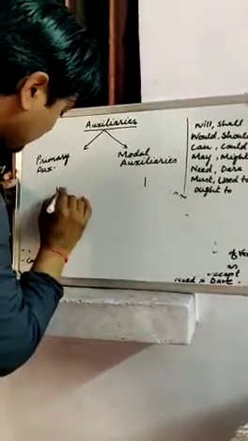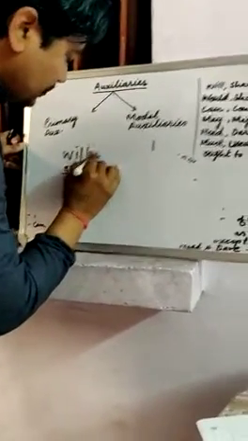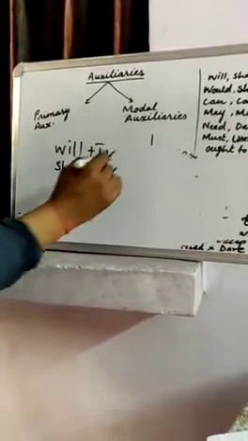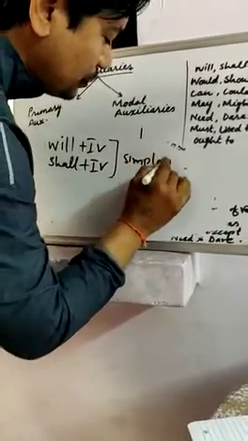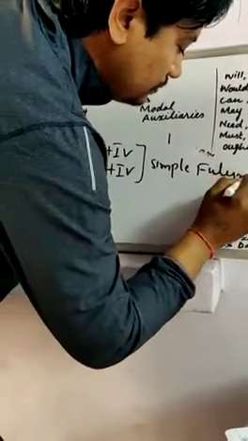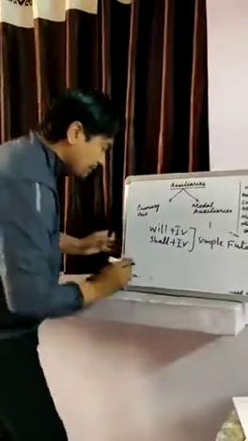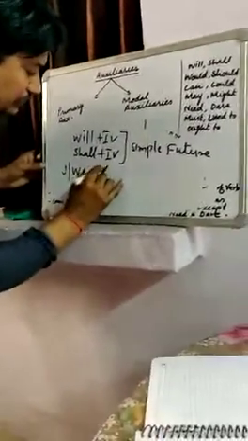If I am using will or shall, we use base form of verb. It means first form of verb with both. And this is the example of simple future. When the subject is I and we, we use shall.